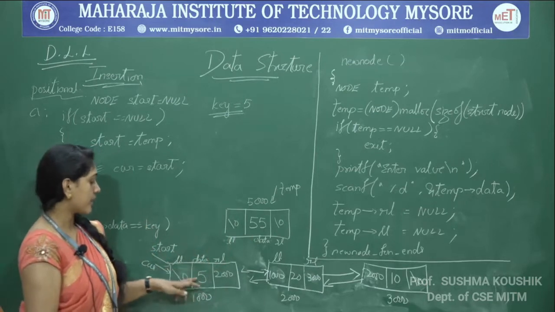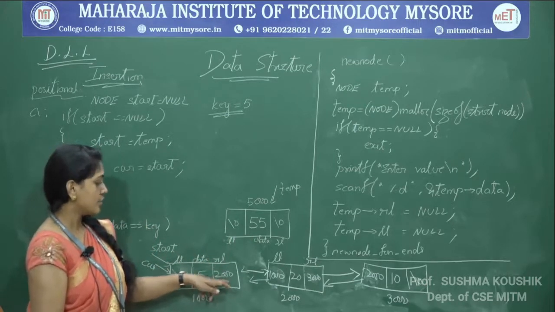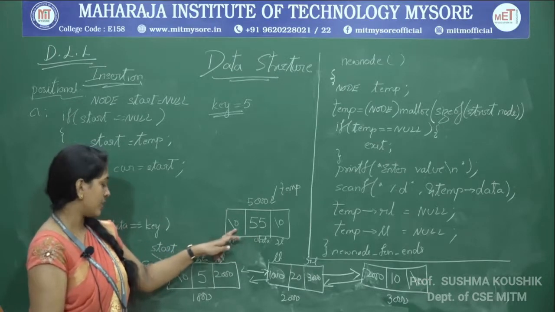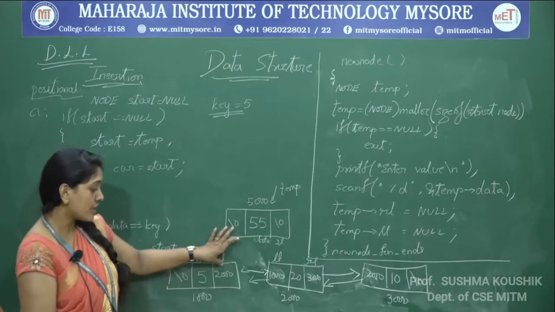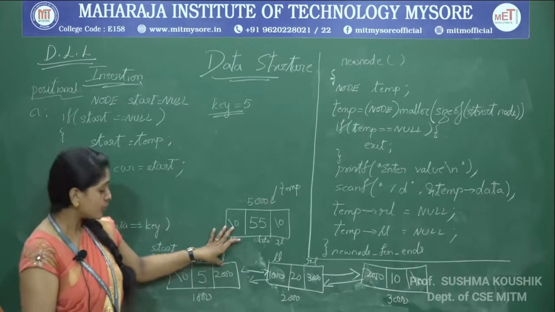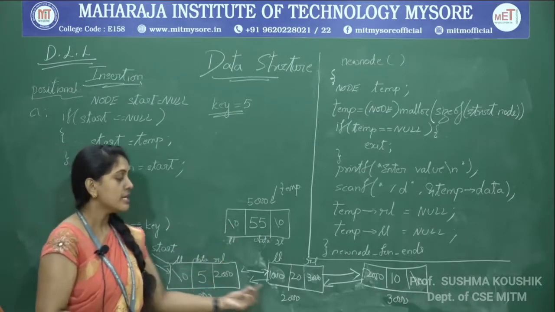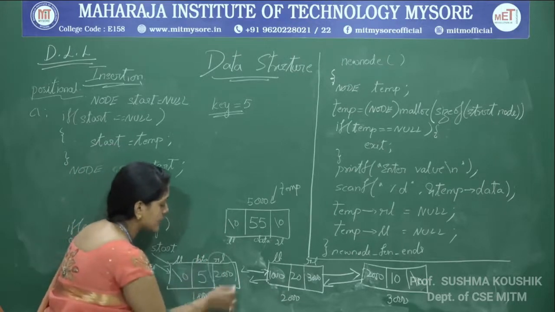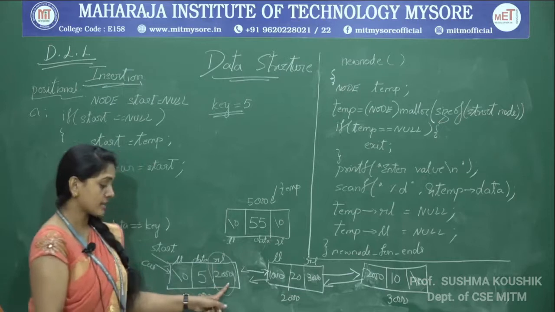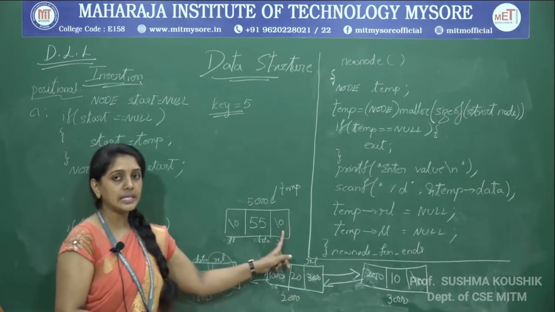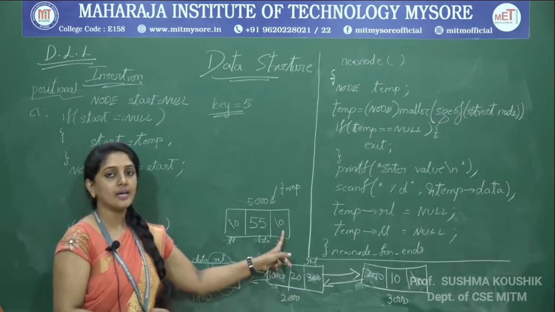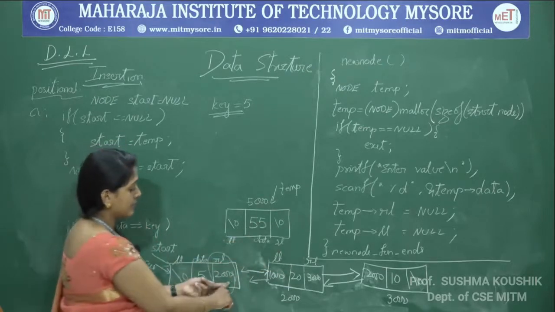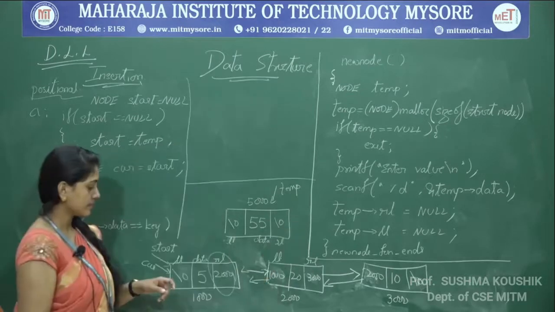One, the pointer current of RL should be equal to temp, and temp of LL should be equal to current. But before altering this, make sure that you have the address of the next node, which I should not lose. So before updating this position, we have to make sure this value is retained where it is required.